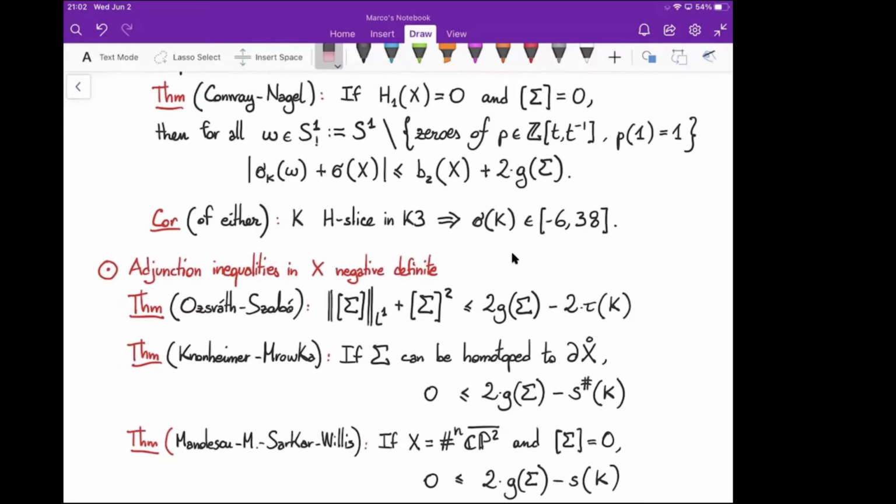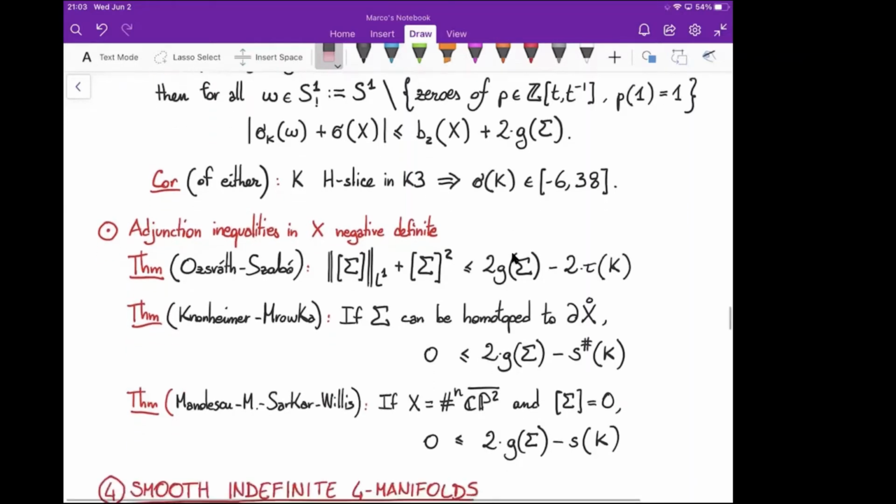However, note that it's not known whether there exist negative definite and simply connected closed four-manifolds that are not connected sums of CP2 bar. So in principle, we just proved it for all negative definite simply connected four-manifolds. Maybe not.